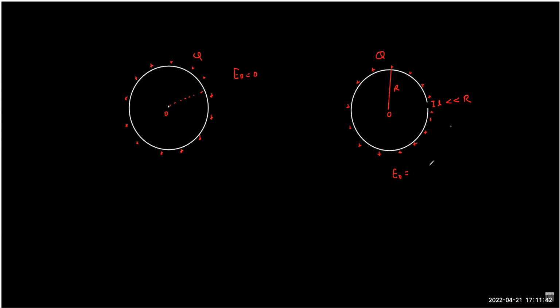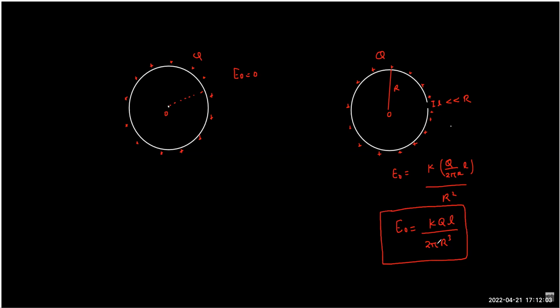Very good. Yeah, so the answer is correct. That's KQ by 2 pi R into L, which is Q by R square. That's the right answer. This is 2 pi R. Yes, sir, this is the electric field value.